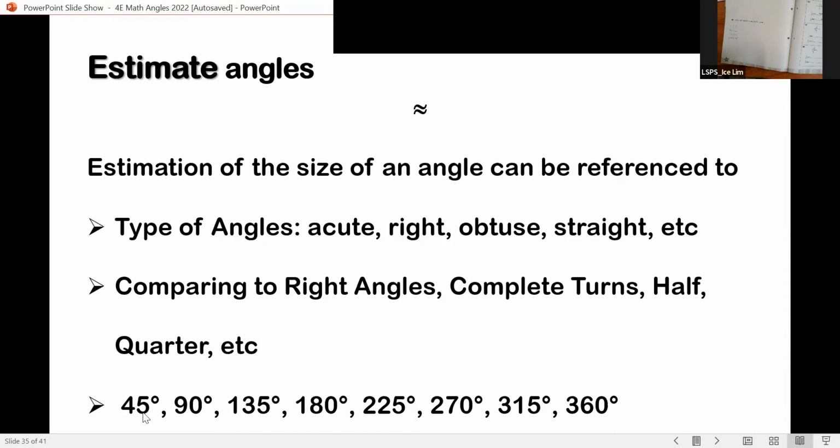These numbers here, 45 degrees, 90 degrees, 135 degrees, 180 degrees, 225 degrees, 270 degrees, 315 degrees, 360 degrees. These are particularly key outstanding numbers that you will remember.